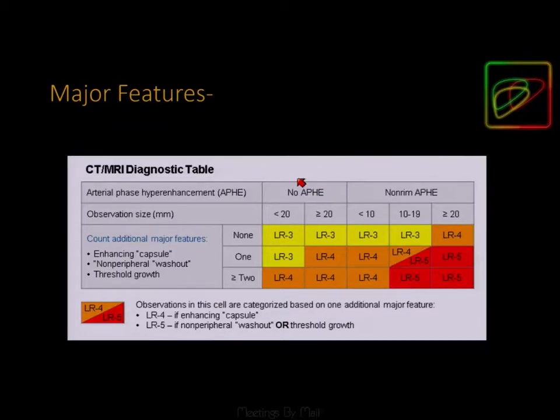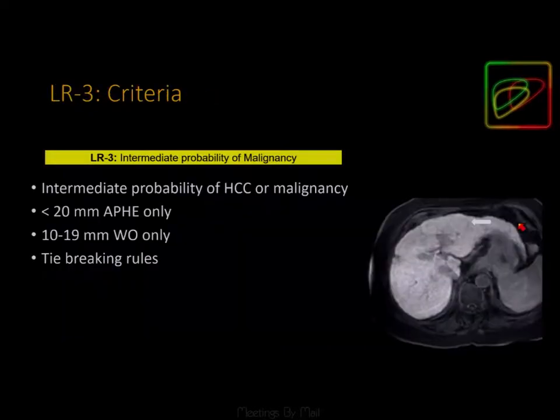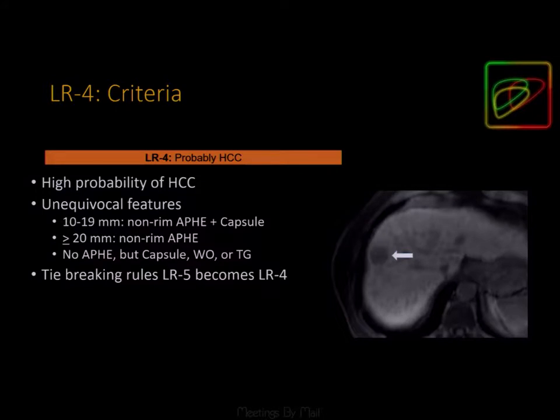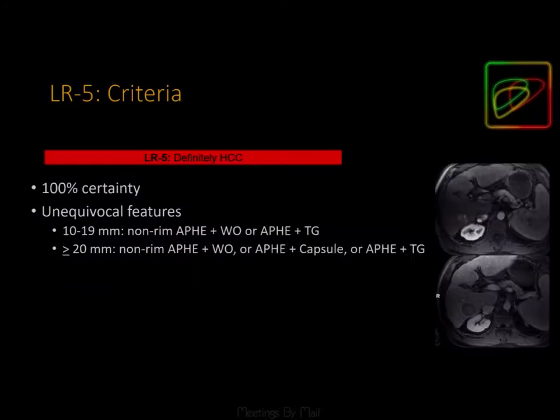We've got no arterial phase hyperenhancement, arterial phase hyperenhancement. We're just going to look at the combinations of these, and from there we're going to come up with LR3s, which are intermediate probability of malignancy, LR4s, which are high probability of HCC, and the definite HCCs. So that is, in brief, what LI-RADS is, and that's how we apply the diagnostic algorithm.